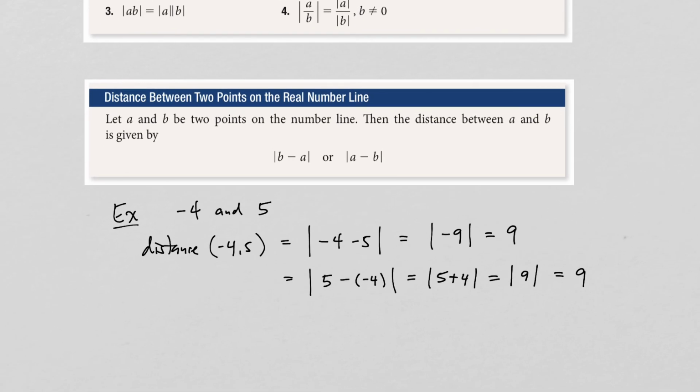And this should make sense because if you look at a number line, -4 is over here, +5 is over here, and 0 is in the middle, the distance between those two numbers is pretty clearly 9 units, right? We know it's 4 units here and 5 units here, and 4 plus 5 is 9. So to find the distance between two numbers, you just take the absolute value and you subtract the two numbers. And the order that you subtract them really doesn't make any difference.